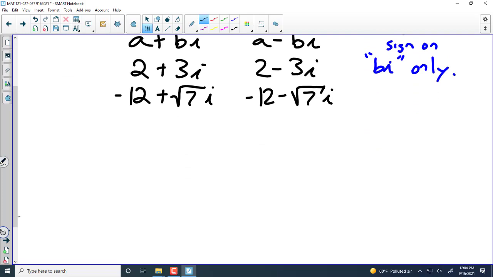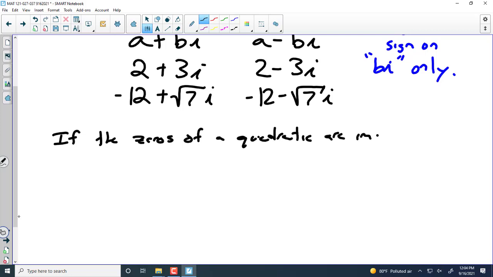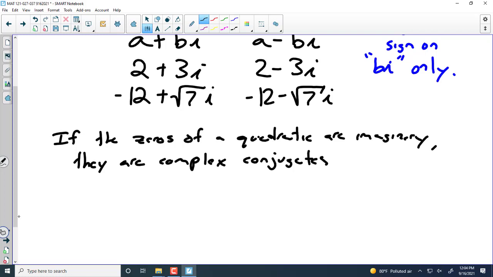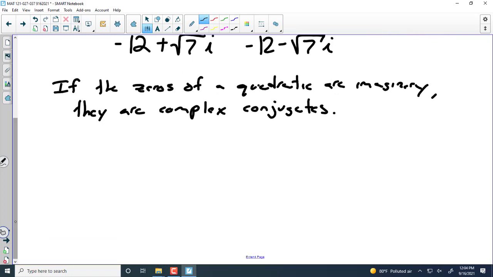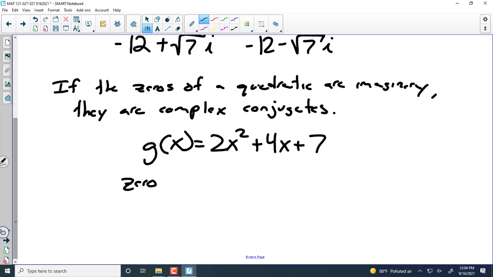And, reiterating, if the zeros of a quadratic are imaginary, they are complex conjugates. g of x equals 2x squared plus 4x plus 7 had zeros that were -1 plus the square root of 10 over 2 i and -1 minus the square root of 10 over 2 i.